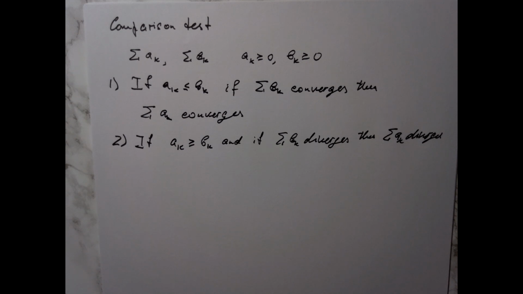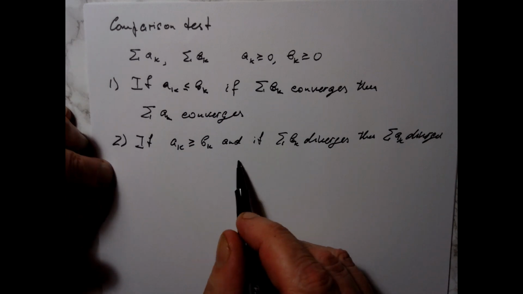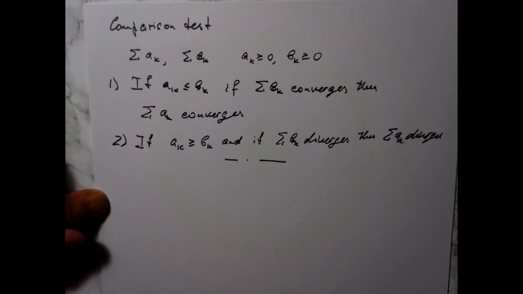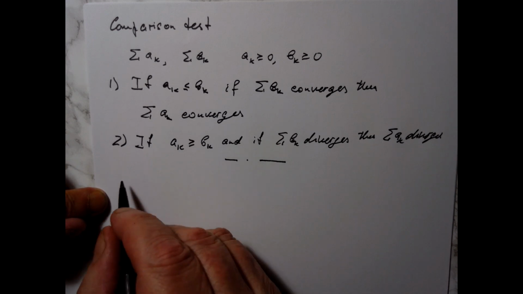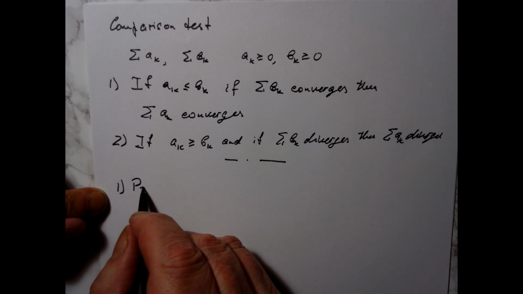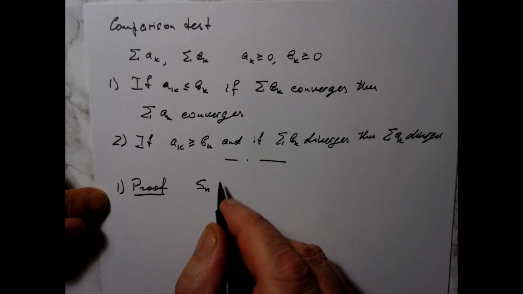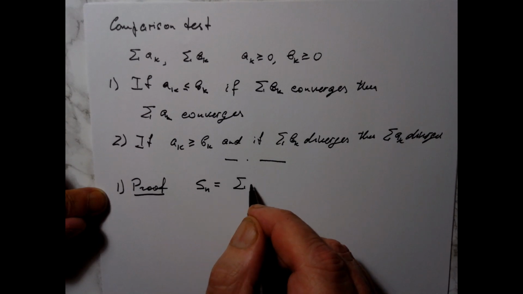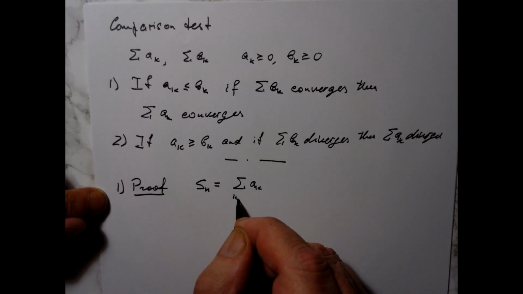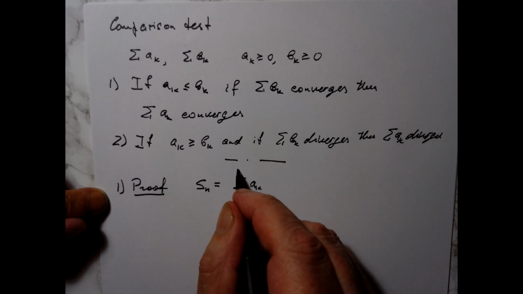There was another test the last time I taught Calculus 2, something about the limit comparison test, but let me not go into it. So what I want to do is very quickly go through the proof of it. Case 1, proof. Let's suppose that Sn are partial sums for the first series, AK, k from 0 to n.